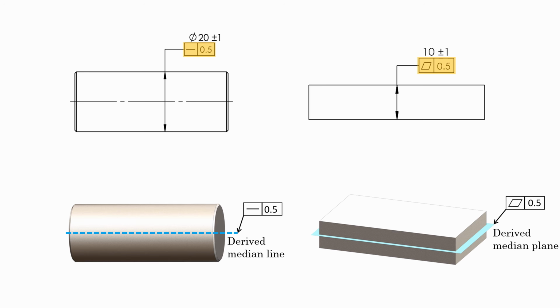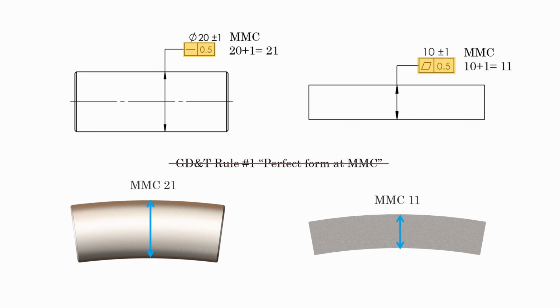And in these two conditions, GD&T Rule 1 doesn't apply. This means even at MMC, the shaft can have a defined allowable straightness deviation. Like it may be slightly bent, something like this. Perfect form at MMC is no longer required.